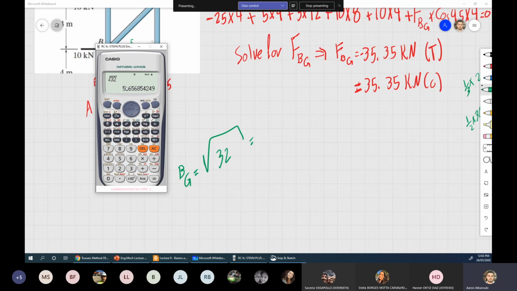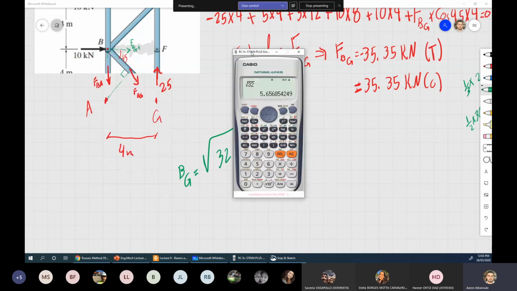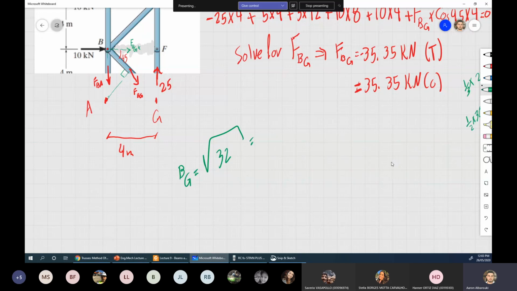That's our value, which is BG. Divided by 2, that's our lever arm, 2.82. So if we had done everything exactly the same as last time using 2.82, you would have got the same answer. Okay, 35.35 kilonewtons.